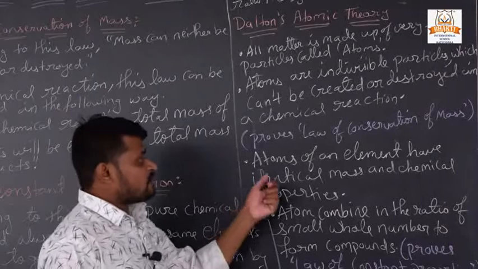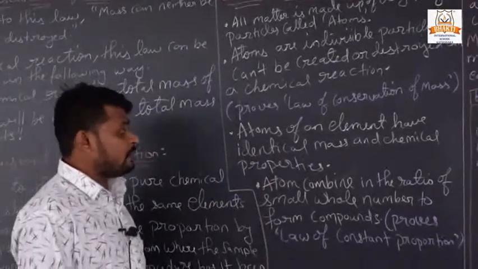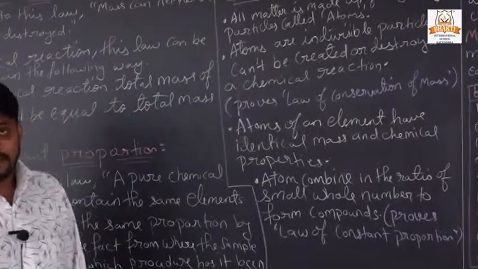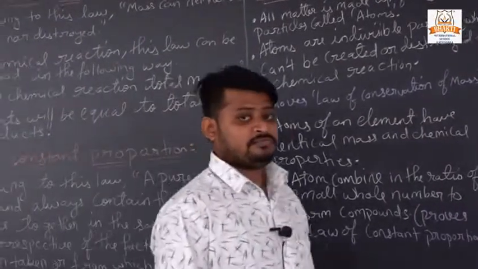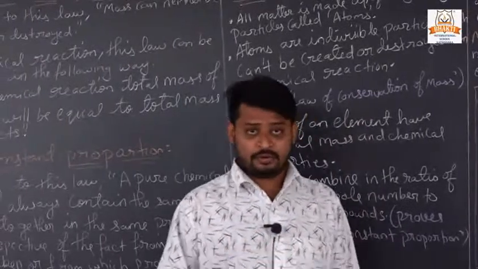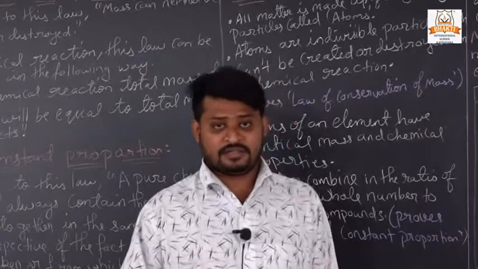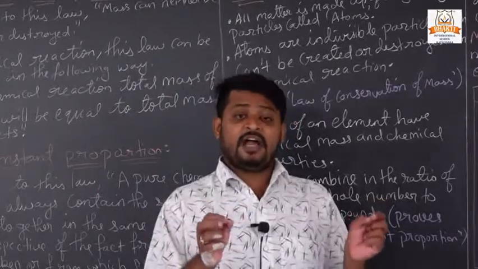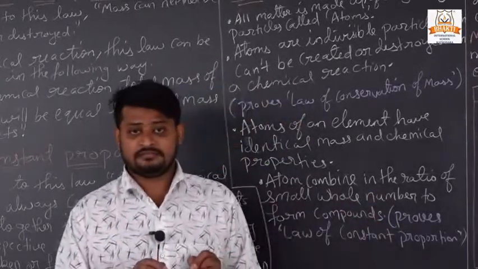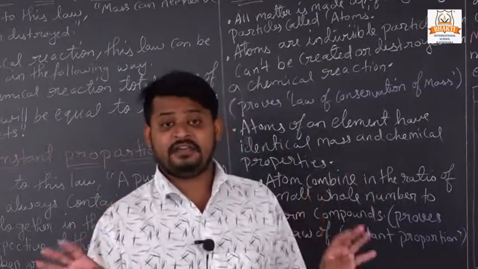Third, atoms of an element have identical mass and chemical properties. It means whether it is in water, H2O, hydrogen and oxygen, or in nitric acid, HNO3, the atomic mass of hydrogen and oxygen is always the same everywhere.